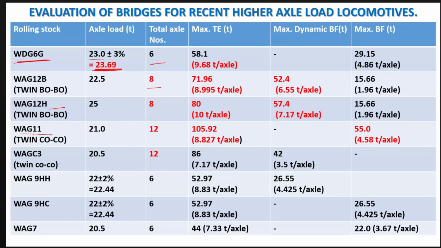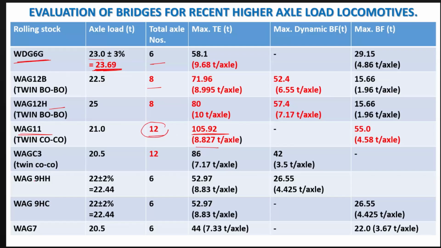WAG 11 is a Co-Co and it has 12 axles, meaning twin engines, and this also gives a highest axle load, but in fact, dividing per axle, it is not much, it is 8.8.